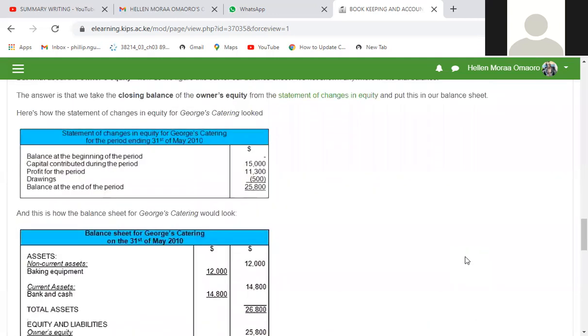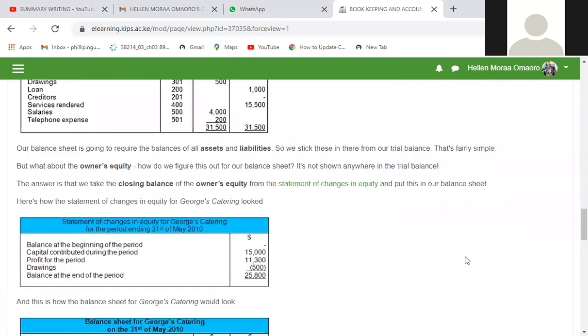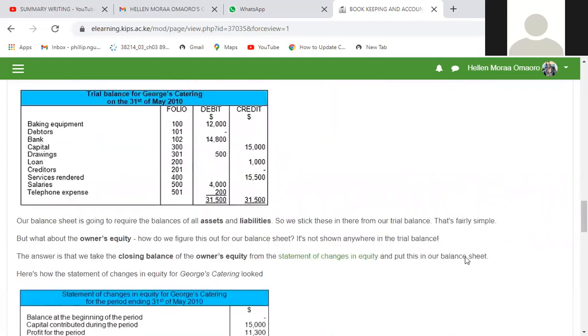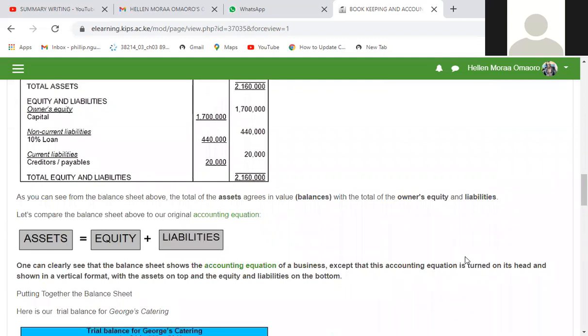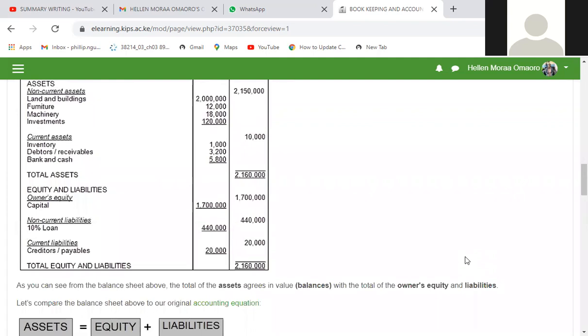So when we follow the bookkeeping equation, we say assets equals capital plus liabilities. That's what we learned under the accounting equations. So we have to get the total assets, that's the non-current assets, we add the current assets for us to get the total assets.